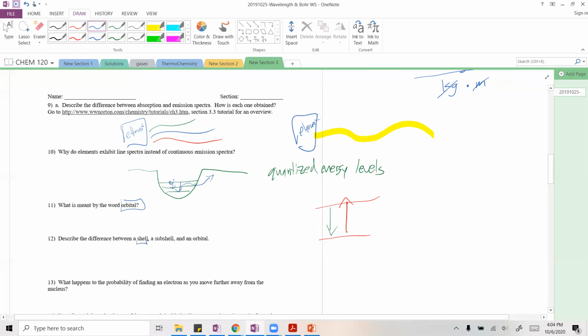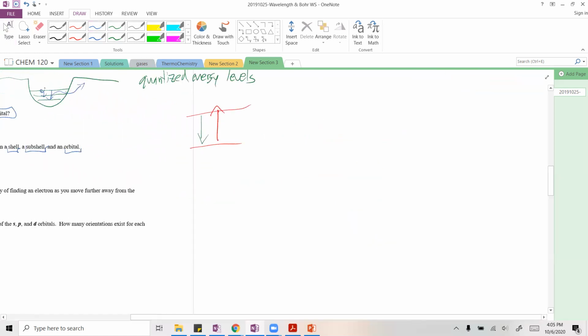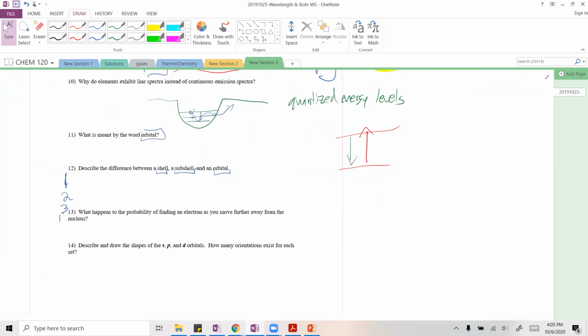Now there's three words here: the shell, subshell, and an orbital. Now your shell, you can kind of imagine it's similar to your energy level. It's basically that row on the periodic table. So that would be the 1, the 2, the 3. That's what energy level our electrons are going to be associated in. The subshell is going to be the smaller region inside of that.